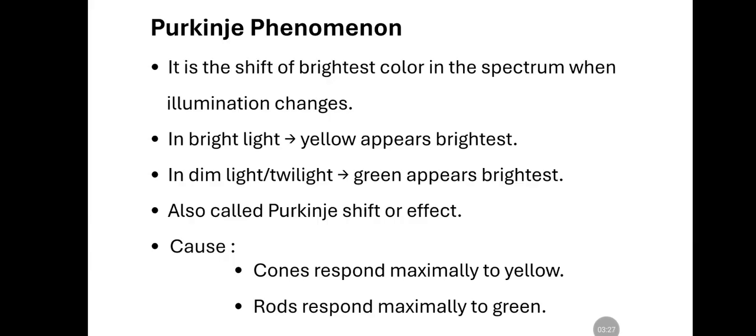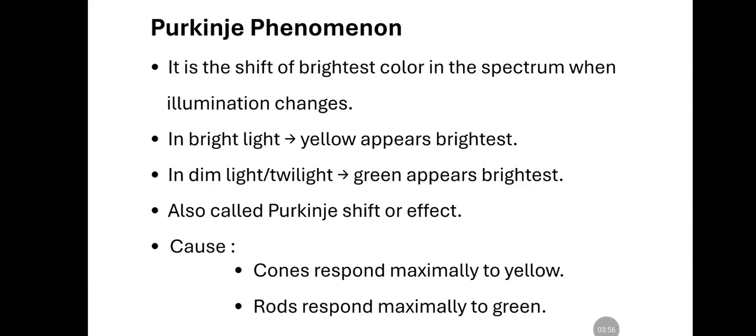Purkinje phenomenon. It is the shift of the brightest color in the spectrum when illumination changes. In bright light, yellow appears brightest. In dim light or twilight, green appears brightest.